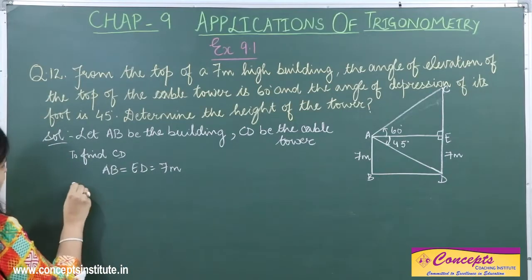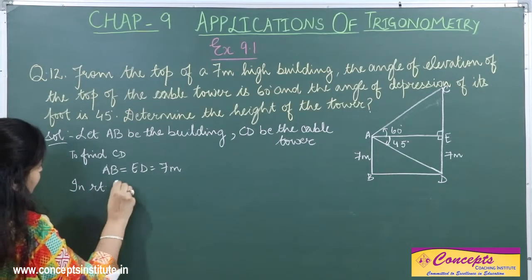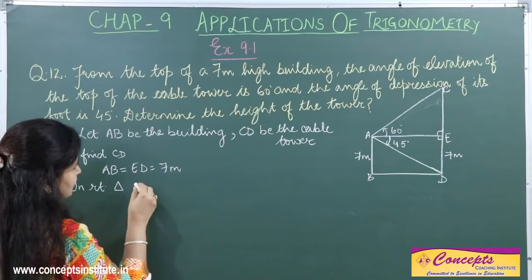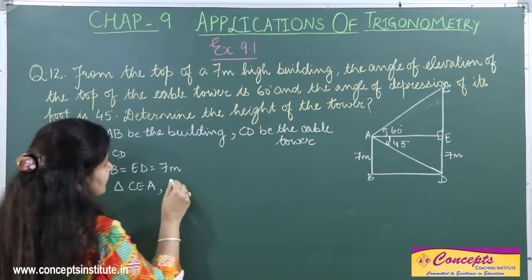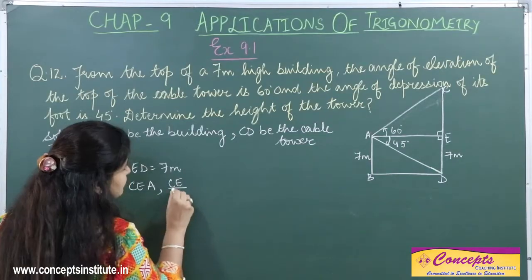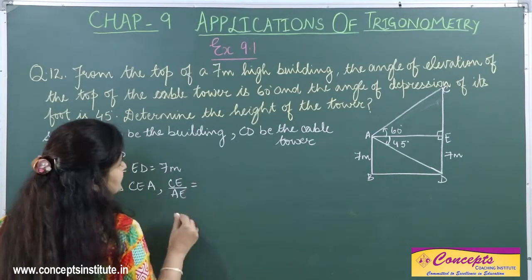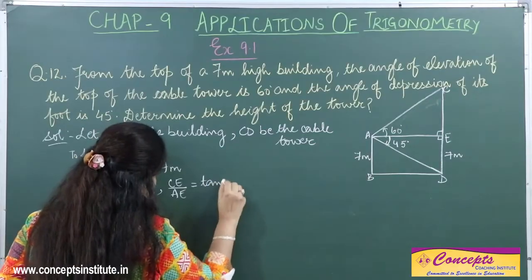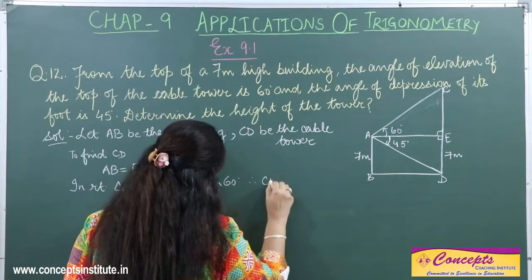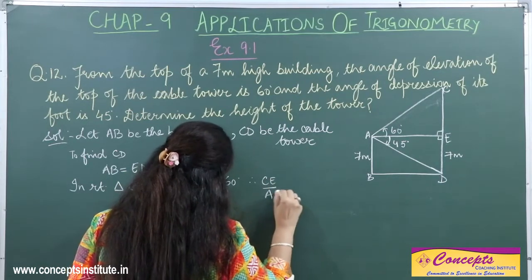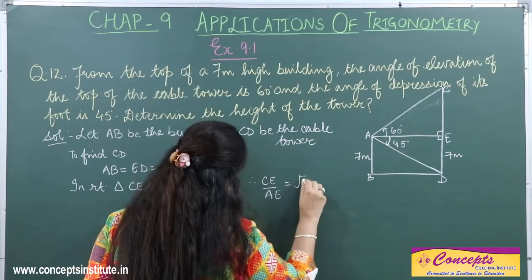Now let me just apply the T ratios in right triangle CEA. So in right triangle CEA we have perpendicular upon base, that is CE upon AE, so that is equal to tan 60. So therefore CE upon AE, that is equal to root 3.